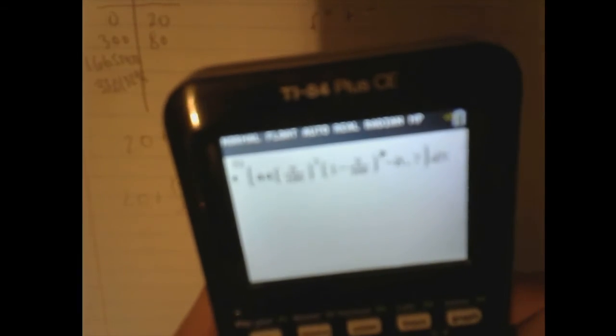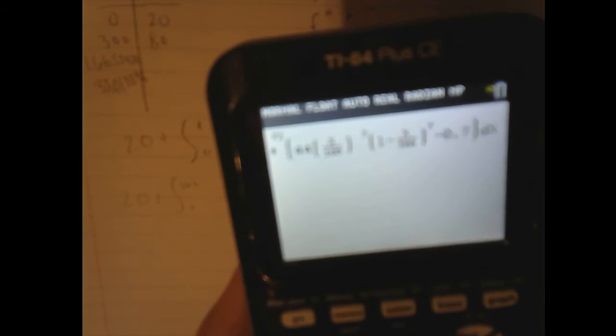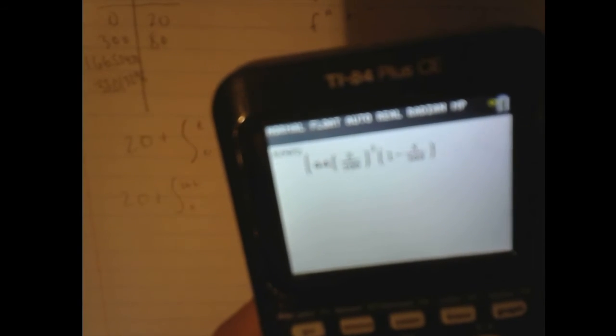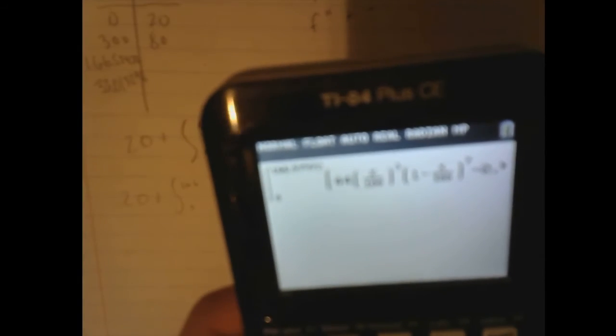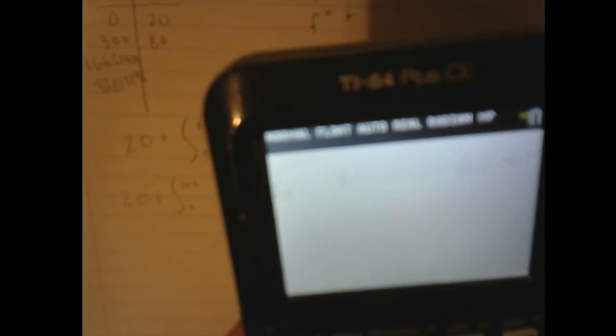And we don't want to calculate yet. We're going to input 20 plus at the front. Second, insert, 20 plus. Okay, enter. We got 158.07014 as the number of people in the line.